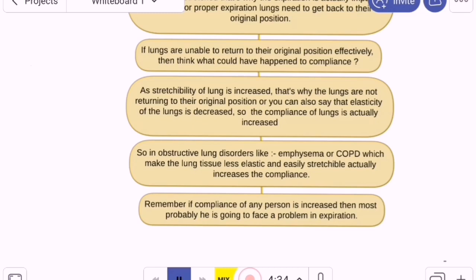So if I say to you, my compliance is increased, what does that mean? That means that probably I'm going to face a problem in expiration. And so does the patient of obstructive lung disorders like emphysema and COPDs face a problem in the expiration of the air. Okay, so this was the last topic that we have to discuss for this.